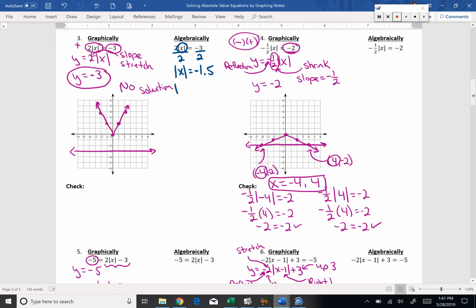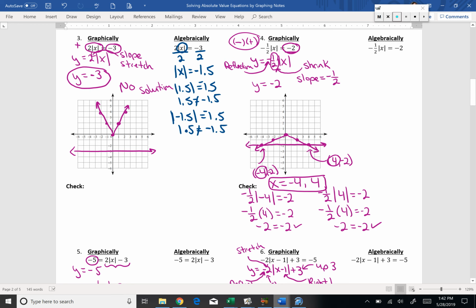I mean, I can try to put in 1.5, but the absolute value of 1.5 is 1.5. It's not going to equal a negative. I can try to put in -1.5, but the absolute value of -1.5, again, is 1.5.